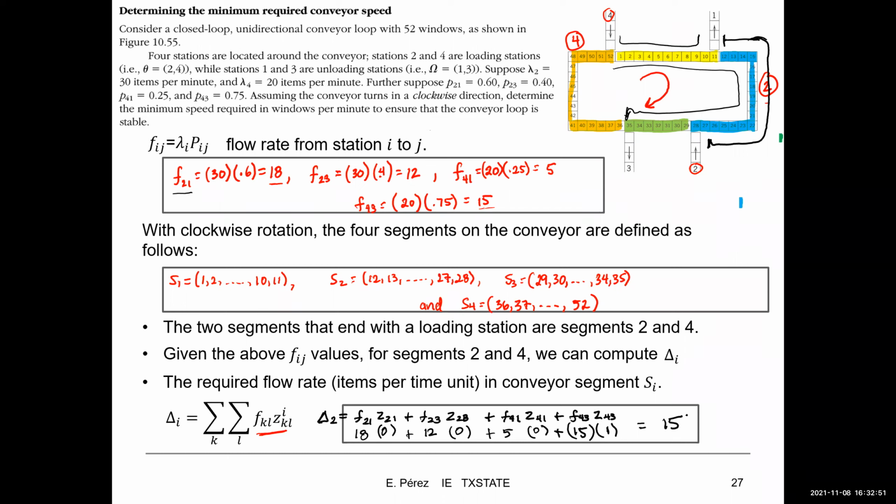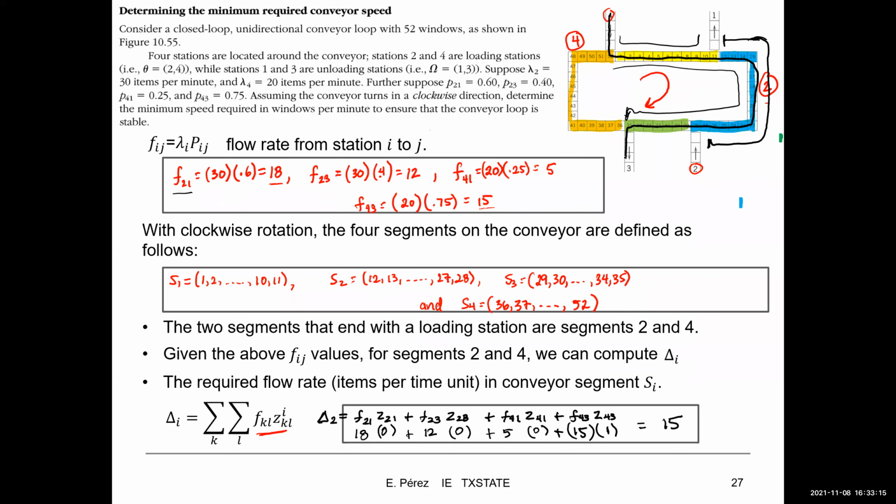The only piece that is using segment 2 is when you have a flow between station 4 and it goes to unloading station 3. That's the only case in which you're going to use that blue segment in the conveyor, because you have to get here, go all the way here up to here.